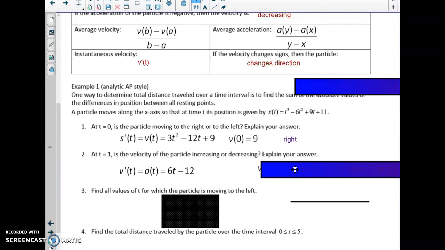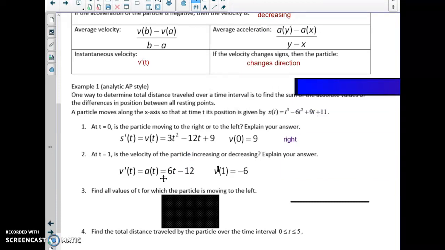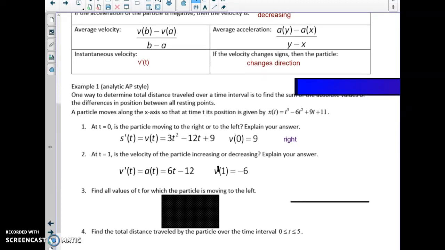So we're going to substitute 1 into the acceleration, or v prime, and we will get negative 6. So since the acceleration is negative, see right here, if the acceleration of the particle is negative, then the velocity is decreasing.